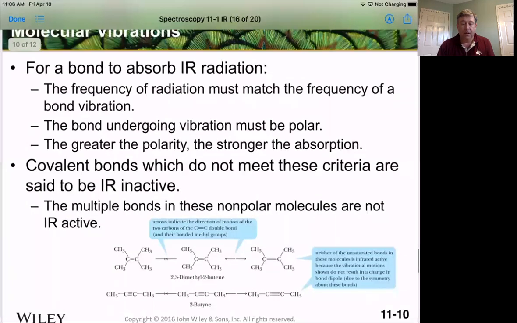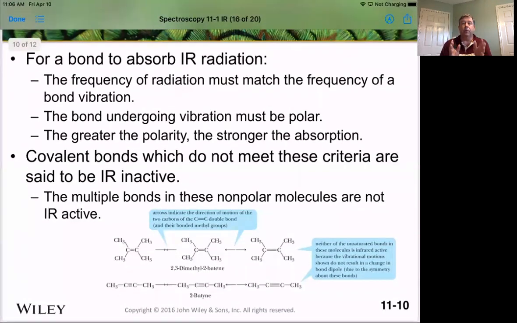Okay, so for a bond to absorb IR radiation, the frequency must match the frequency of the bond vibration. So the bond has to vibrate, but it also must be polar. So non-polar bonds have very weak absorptions in IR. So we're looking for polar bonds that tend to be the differences between multiple atoms, or they have different electronegativities on them.